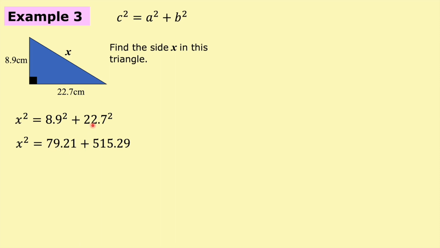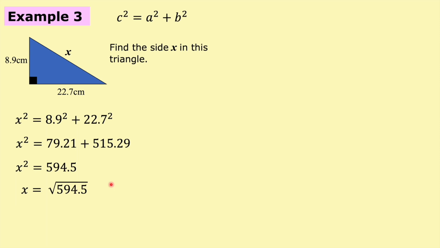Then 22.7 squared is 515.29. Or doing 22.7 times 22.7. Then going to add those two numbers together to get 594.5. So x squared equals that. We're just wanting x, so we need to square root 594.9 using that square root button.